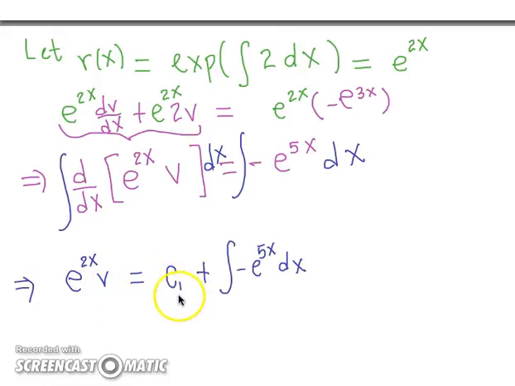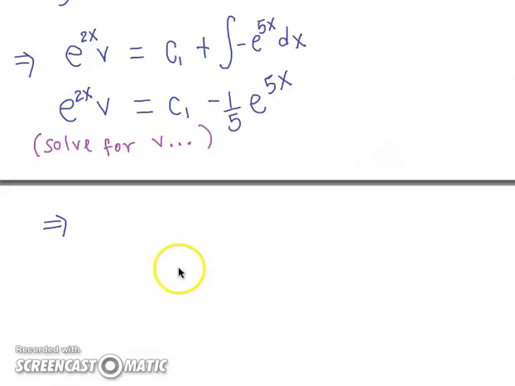A constant of integration, which I'm calling c1, appears on the right-hand side, and we have to deal with this integral. Here we have c1 and 1/5 e to the 5x on the right-hand side, and the left-hand side we still write this term. What we have to do next is solve for v.